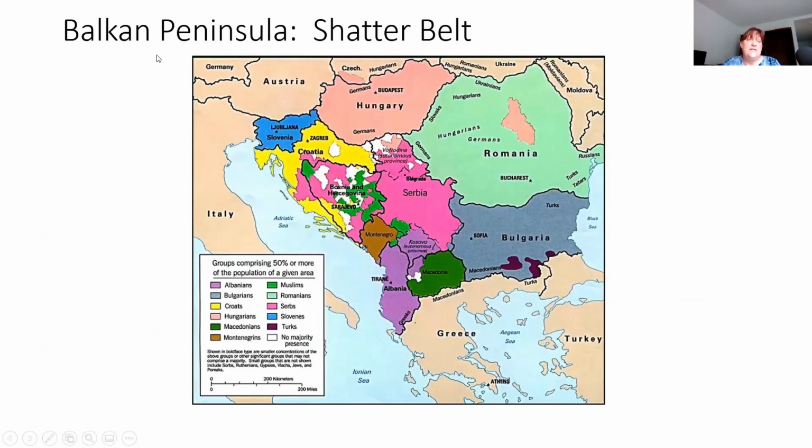And finally, the Balkan Peninsula. This is what they, being colonial people, describe as Yugoslavia. And these groups of people have hated each other for centuries and centuries. And so when they put them into one group, whether they were labeled as one country or not, the fighting is so much and so often that they call this area a shatter belt.